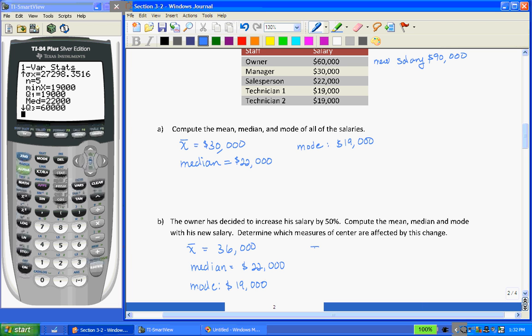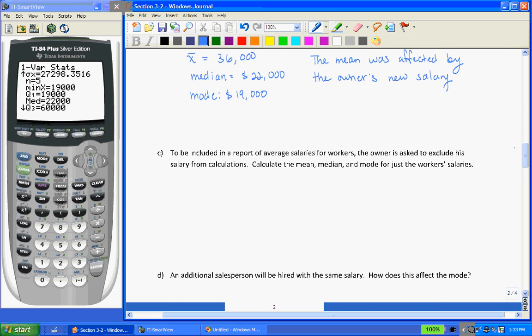So it looks like the mean was the only one affected by the owner's new salary. Because median depends on position, we didn't add another data value to the set, we just changed one. The median didn't change, and the same thing for the mode.